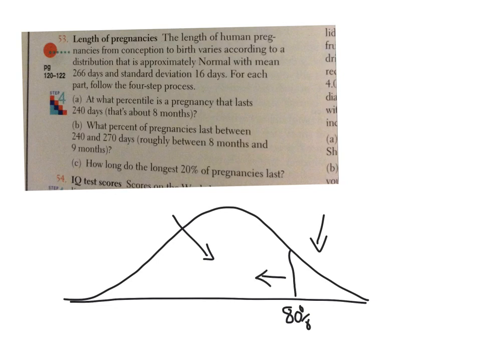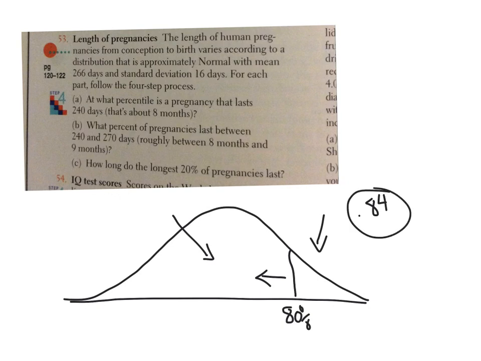Okay, I want to figure out what the z-score is for the 80th percentile. Well, this time I'm going to do inverse norm. It turns out that the inverse norm of the 80th percentile is 0.84. That's my z-score.